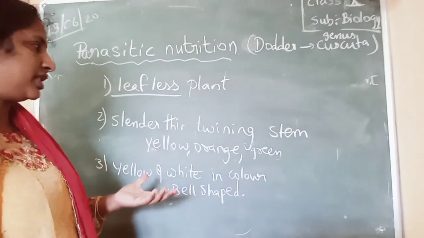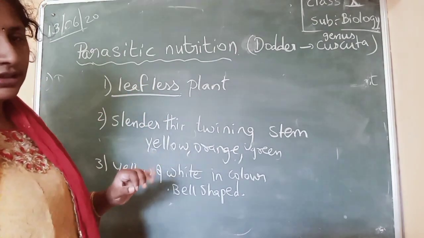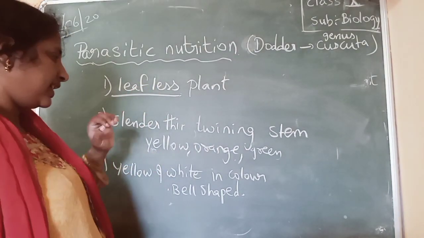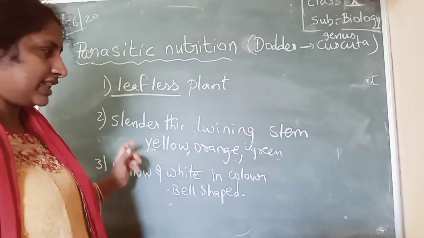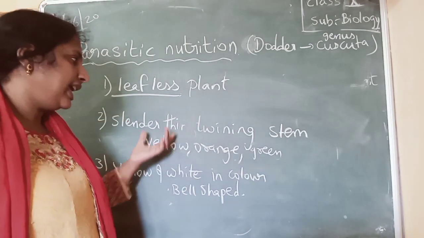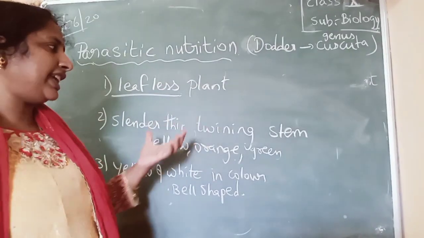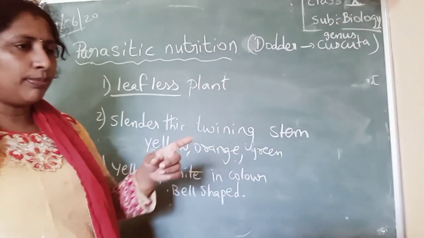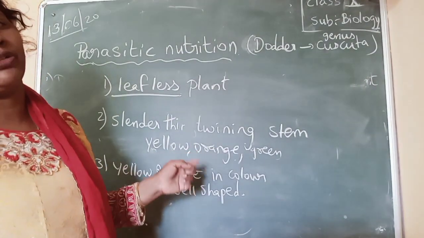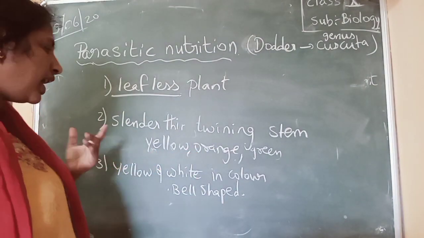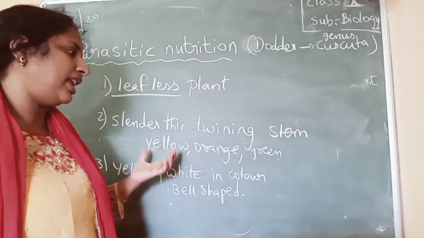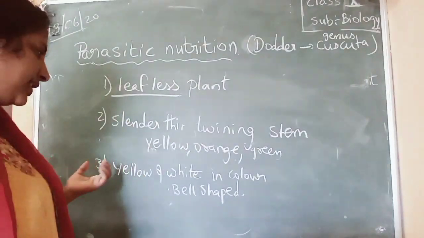So Cuscuta is a leafless plant. Now coming to the stem, it is very slender, thin and twining. Twining means it crawls around a support, and it has different colors like yellow, orange, green, and some other colors also.